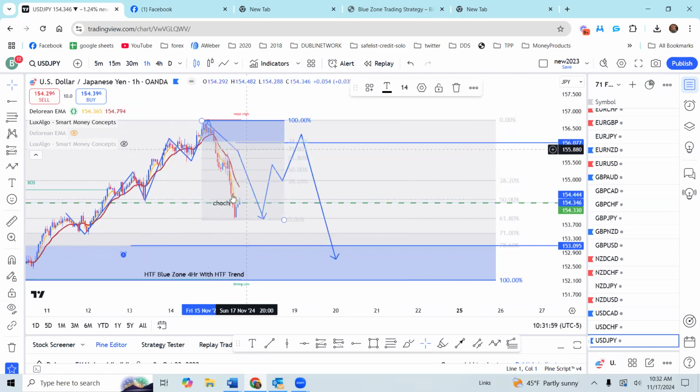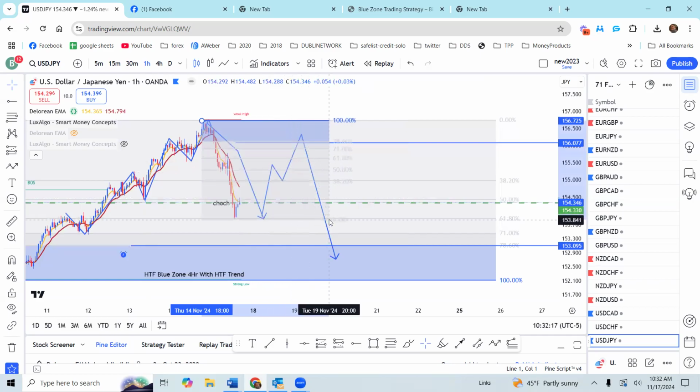Which you'll see a lot as CHOCH, right? So now once we get that change of character, once price stops and then starts to pull back, now we can draw our fib, and the fib here is drawn on the lower time frame, on the 1 hour time frame, right? And that's what we've drawn right here.